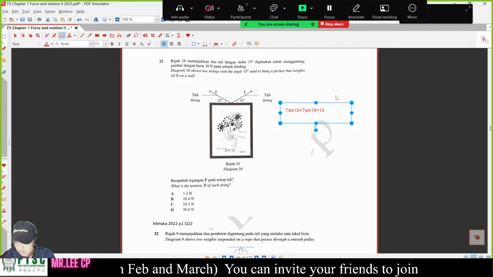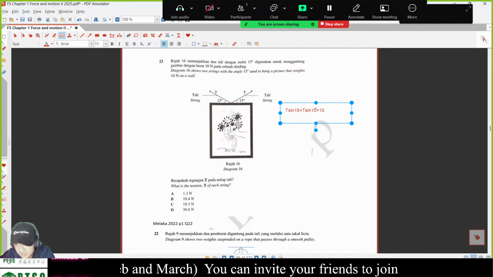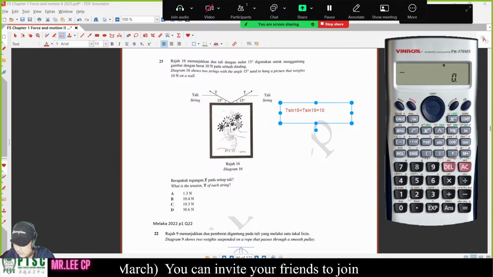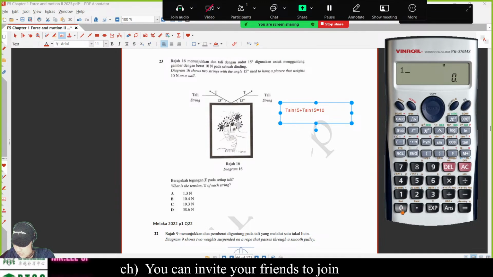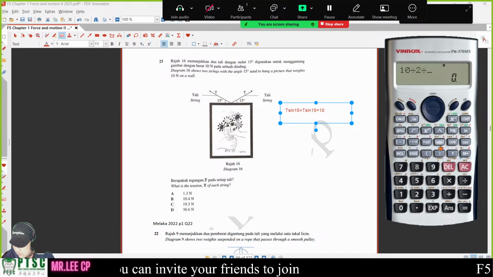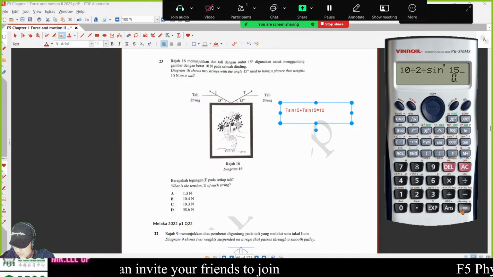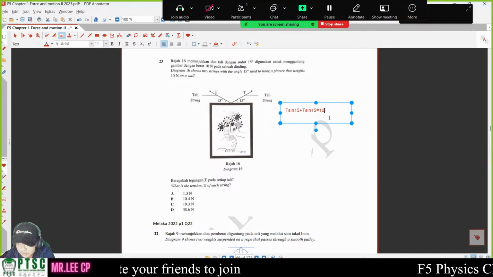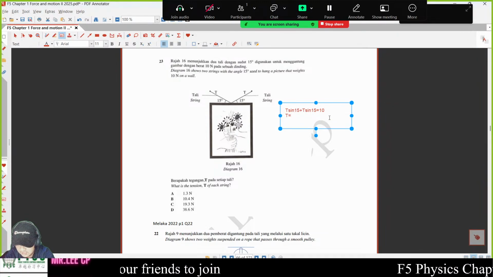So T is 10 divided by 2 divided by sin 15. That's my answer, 19.3. You see, 19.3. Answer is C. T is equal to 19.3.